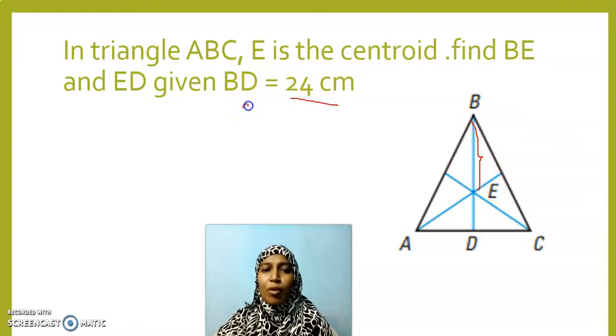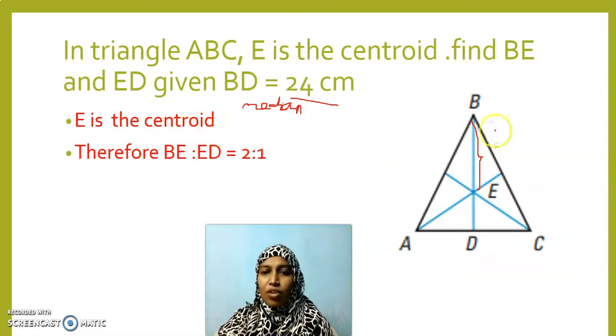What is the special property about centroid and median? Do you remember? Yes, it is about the ratio. E is the centroid, then BE and ED are in the ratio 2:1. This is the speciality.